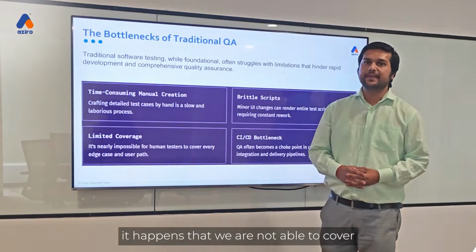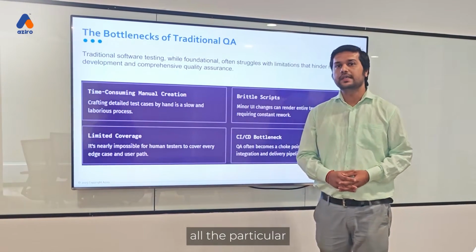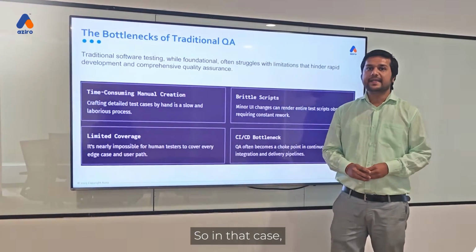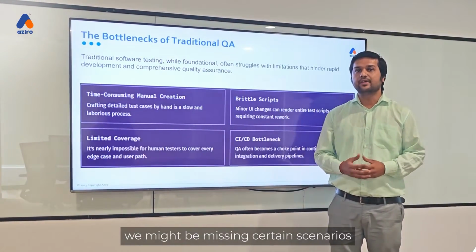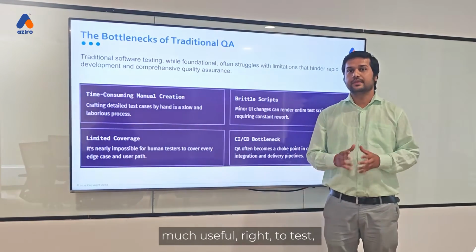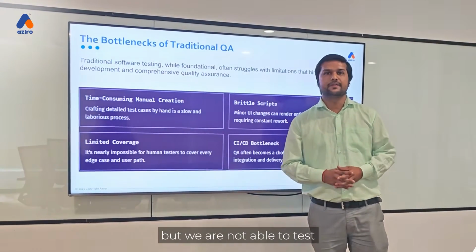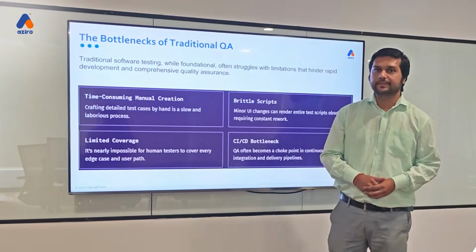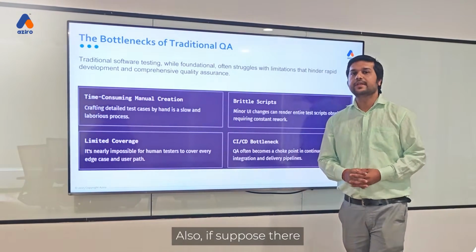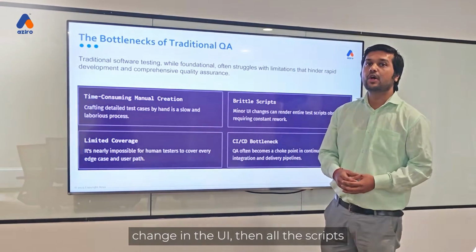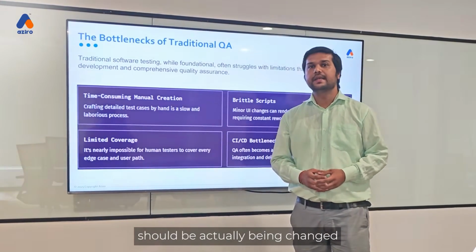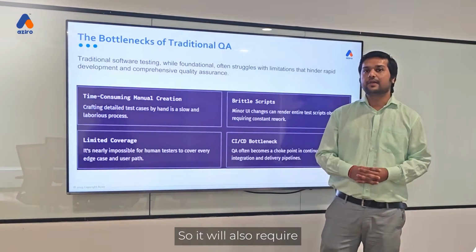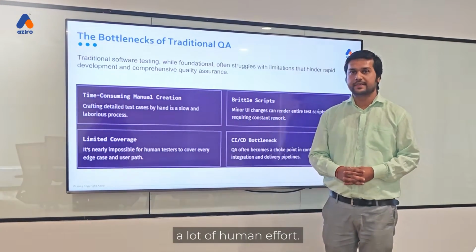Also, many times we are not able to cover all the edge case scenarios, so we might be missing certain scenarios which are very useful to test, but we are not able to test them due to the bottlenecks of traditional QA. Also, if there is any change in the UI, then all the scripts have to be changed in the backend, so it also requires a lot of human effort.